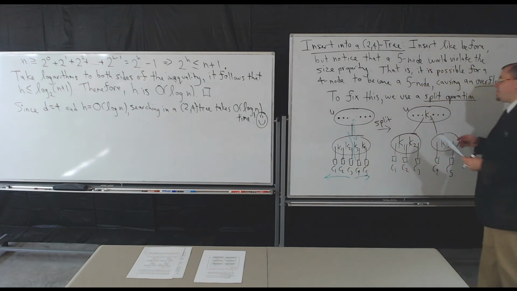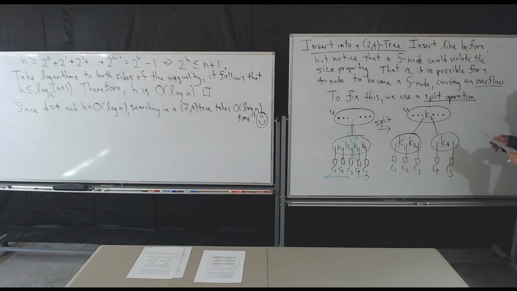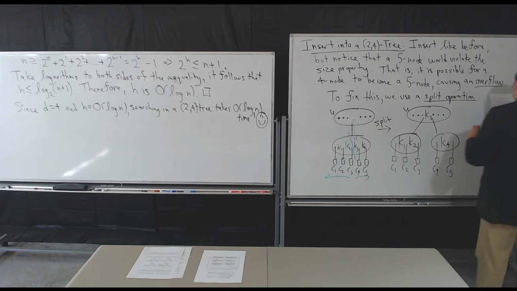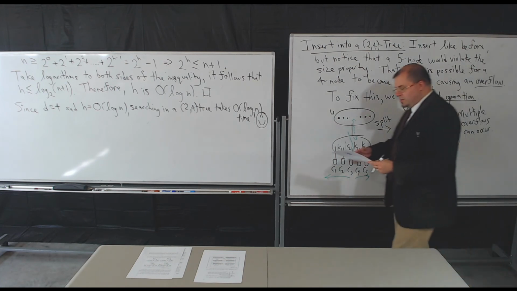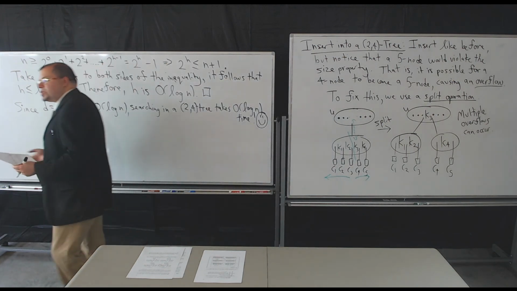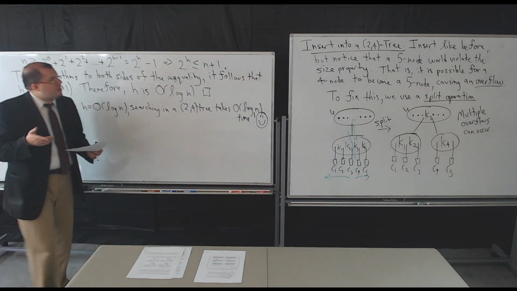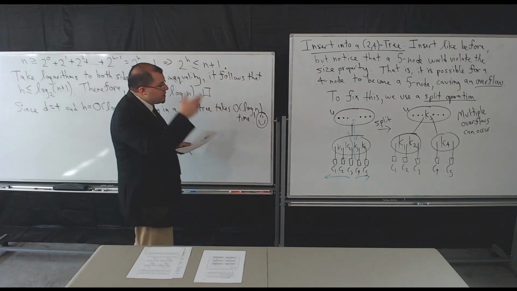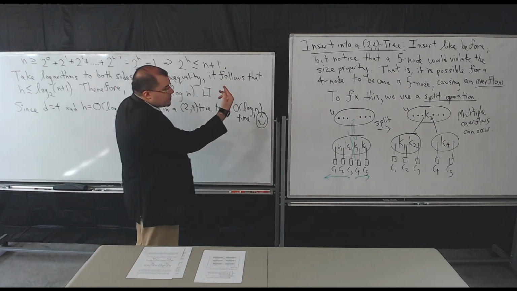Now, I must stress that this can happen multiple times in the tree. Multiple overflows can occur. So here's how the put is going to work. We simply go from the insertion point up, and whenever we have to do a split, we perform a split. This pushes up a record.